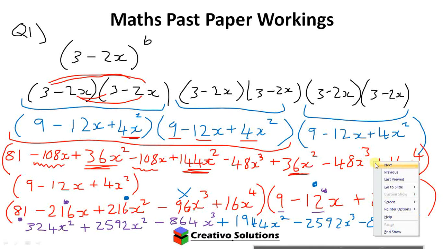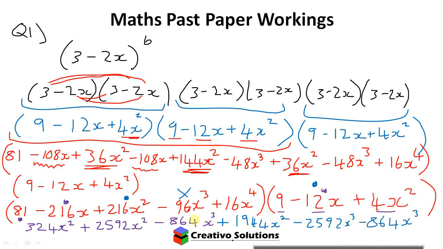Okay, so let's wrap up and add up all of those. Okay, so let's underline the x squareds. Here's an x squared, here's an x squared, here's an x squared. Okay, let's add up those figures. 324 plus 2592 plus 1944 gives me 4860 x squared.